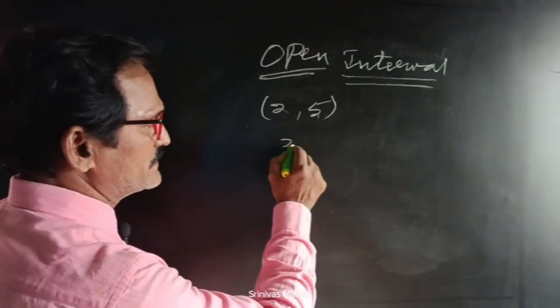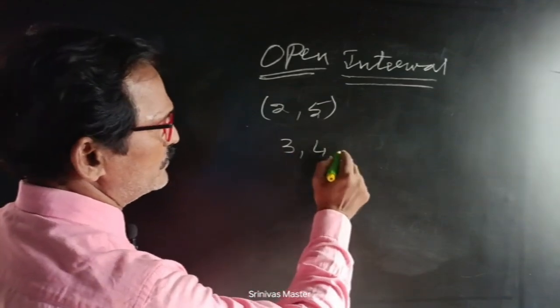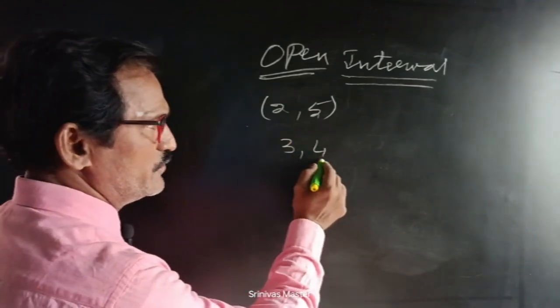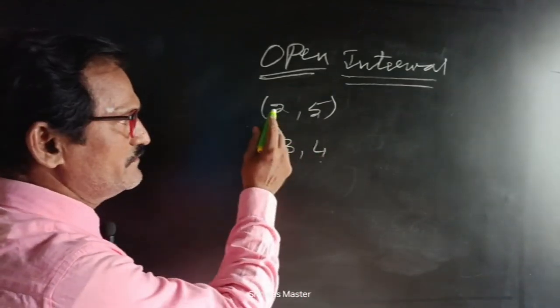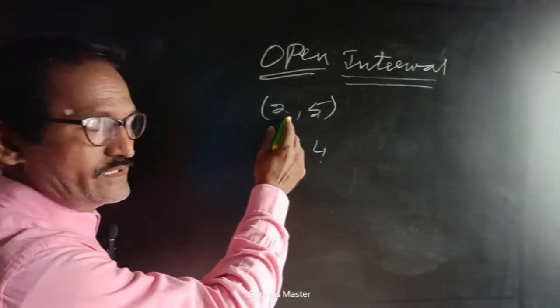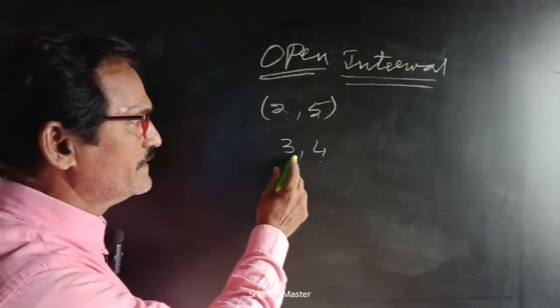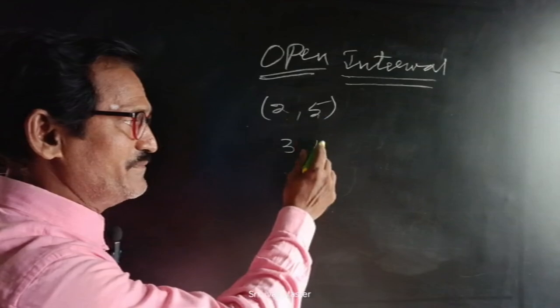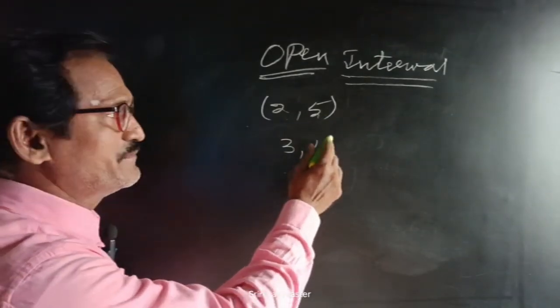So what are the numbers? 3, 4. These numbers are there. Greater than 2 means the number 3, but less than 5 means the number 4, because less than 5 means 5 before.